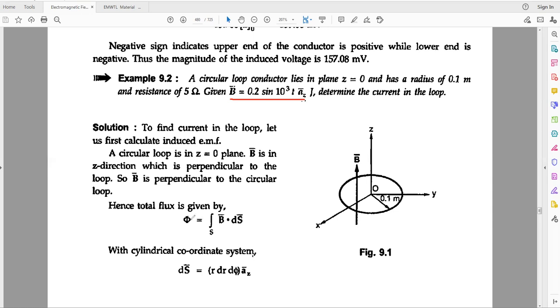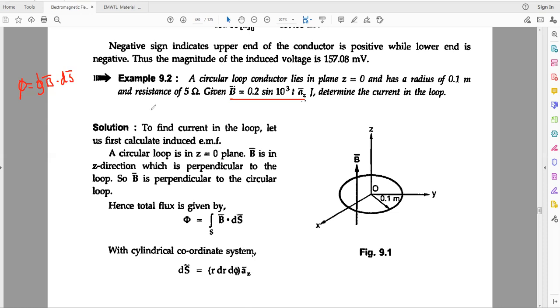The total flux is given by phi is equal to integral B bar dot ds bar. What is B bar? It is along the Z axis, and ds bar can also be taken along the Z axis.